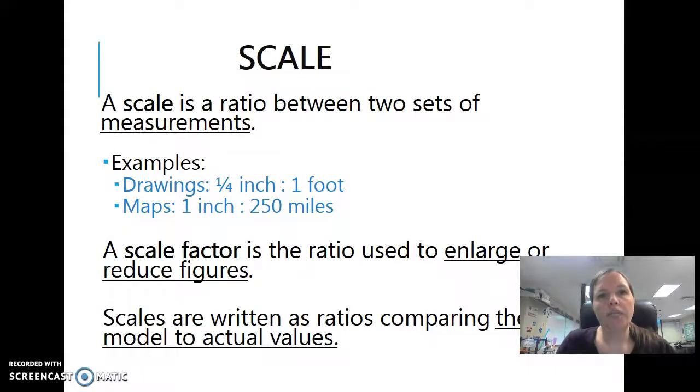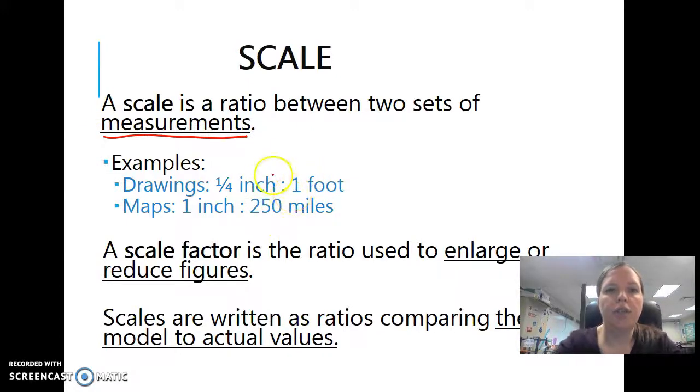So when we're doing scale drawings, the scale itself is the ratio between two sets of measurements. So a scale helps us know basically how big something is in real life compared to how big it looks on our drawing or our model. So your scale is the ratio between the two sets of measures.